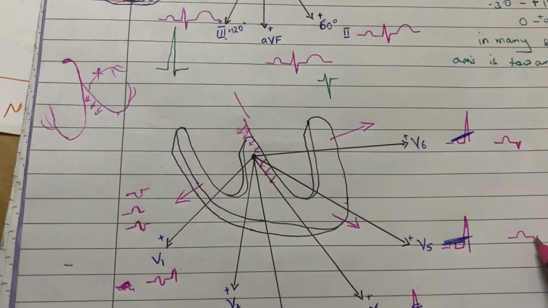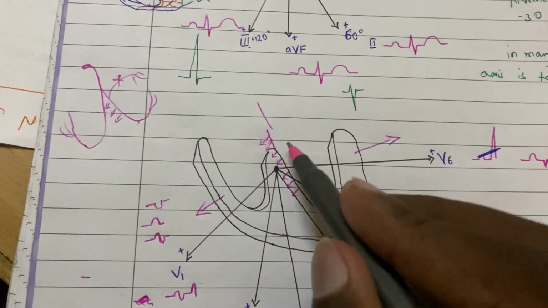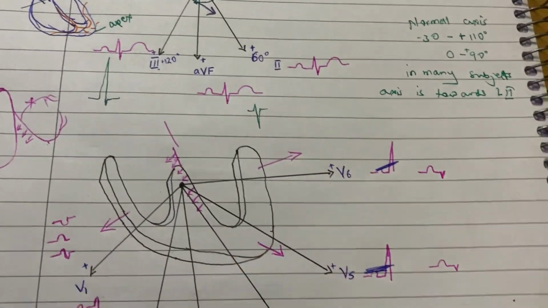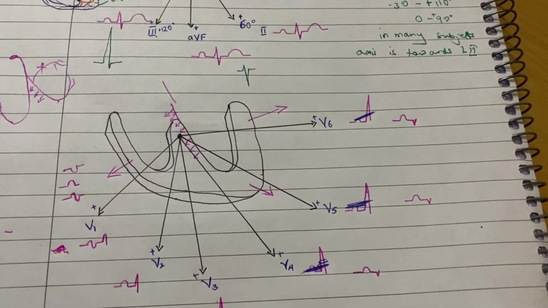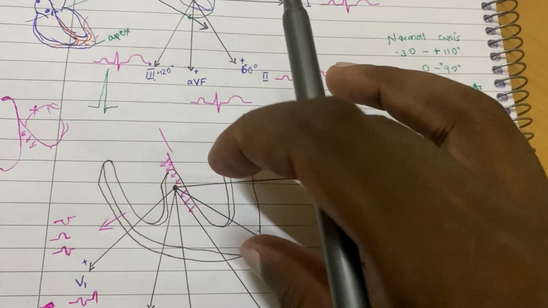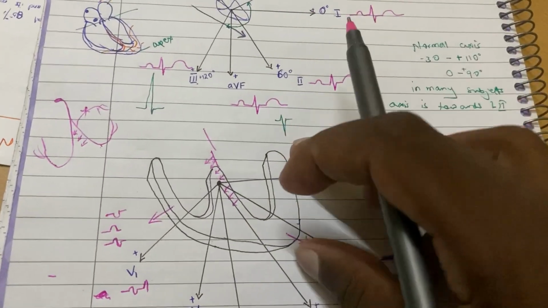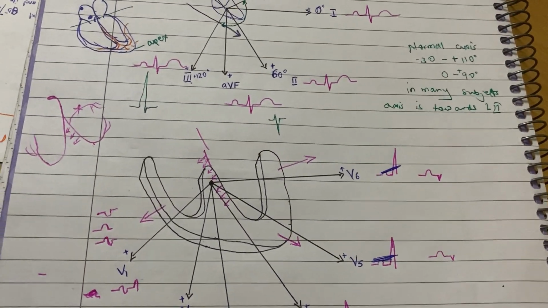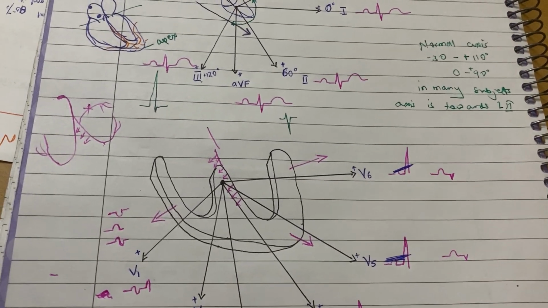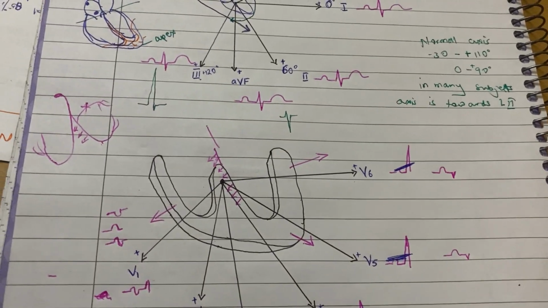So this one is proportional to this. It is the same. Now next is free wall. Remember the heart, the left side is thicker than the right side. So if the left side is thicker than the right side, which one produces more voltage? The left side. So the left side voltage will cancel the right side voltage.